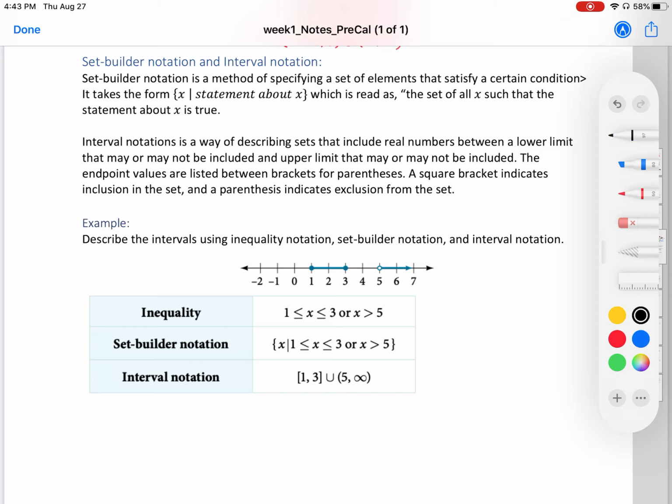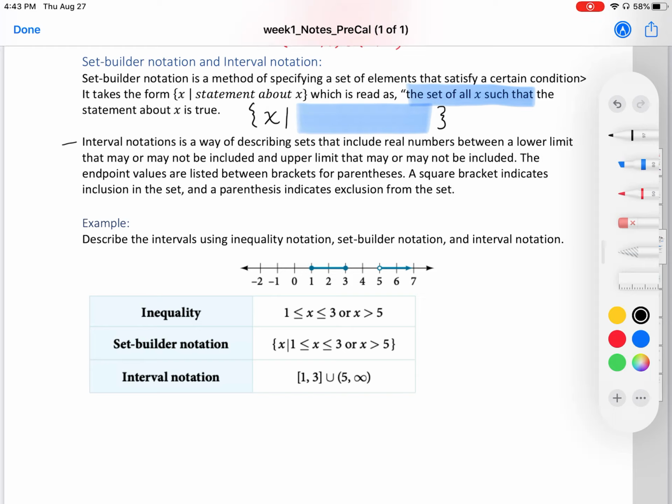So in a general sense, what you want to write is your curly bracket, the variable you're working with, that line, and then close your statement. There you include whatever inequality your answer has. And you read it as x such that, and then whatever else you have.